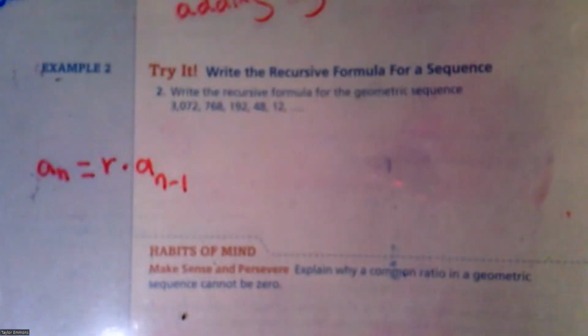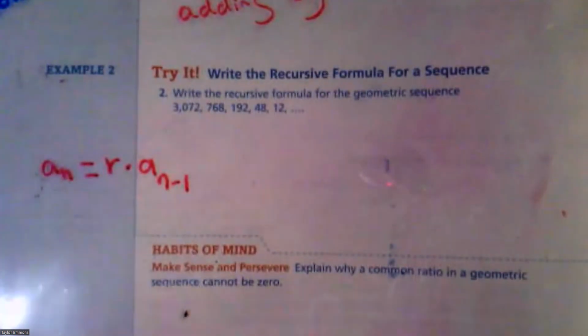A sub n equals r times a sub n minus 1. Recursive means to go back. A sub n equals r times a sub n minus 1. A sub n, yeah. Got a little n.